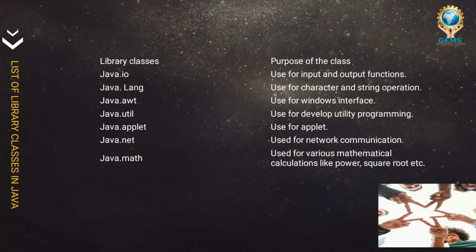So here is the list of library classes in Java. These are examples of Java library classes. Java.io: the purpose of this class is input and output functions.